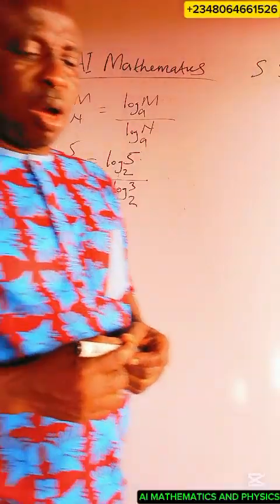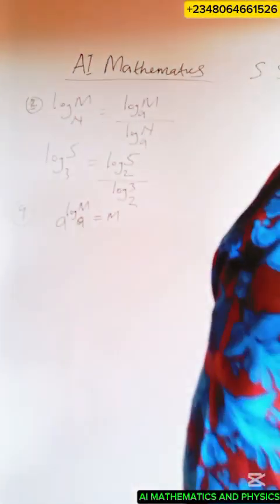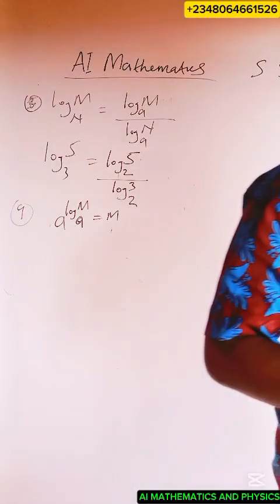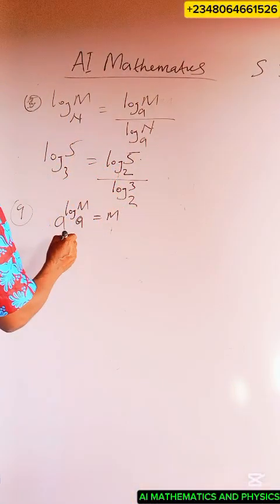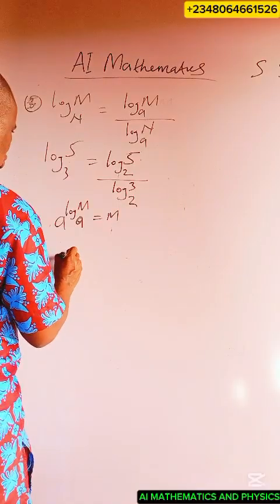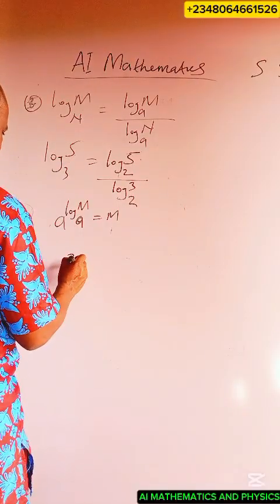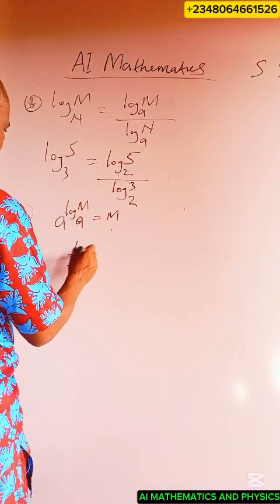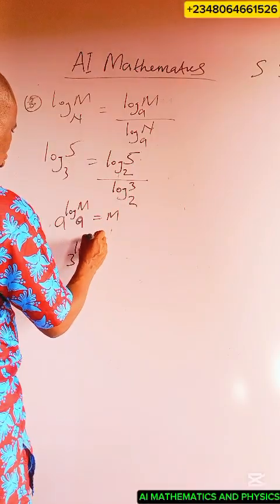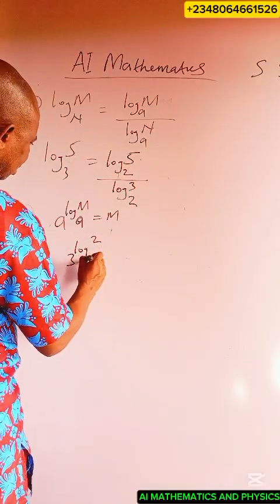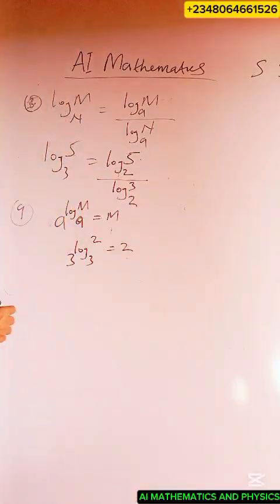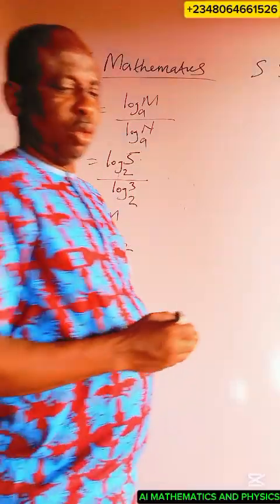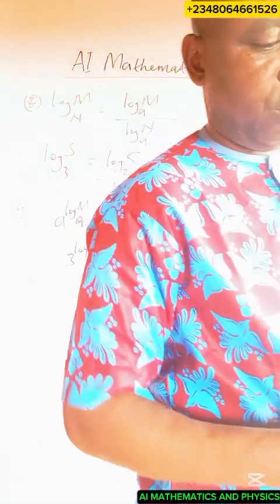A raised to power log of a value with base a gives us the answer m. Let's say we have 3 raised to power log 2 base 3. Our answer will be equal to 2.